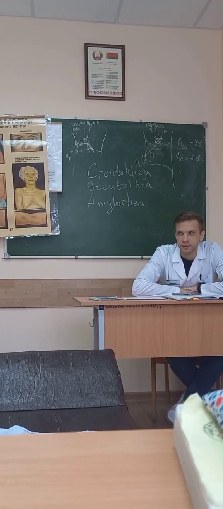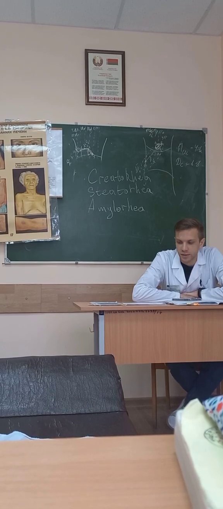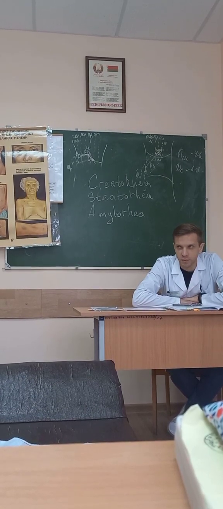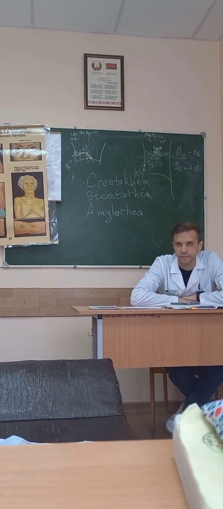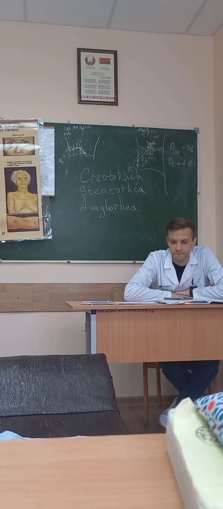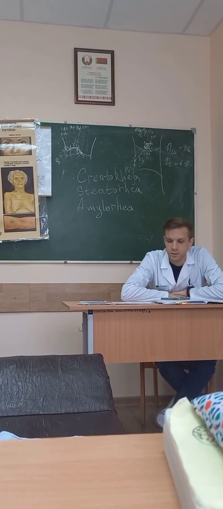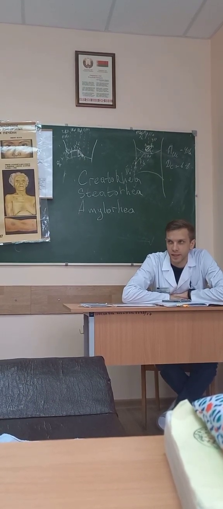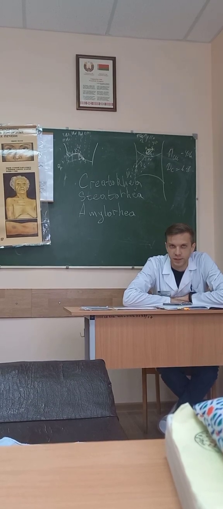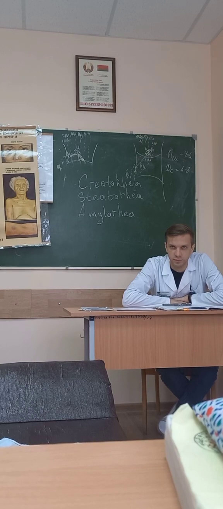In this case, patient's stool is black. The symptom is named melena. So color is black or melena. Hidden blood is positive, and in microscopy we can see red blood cells.